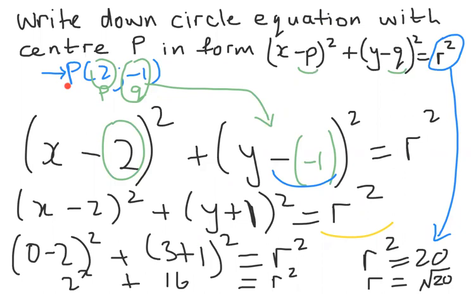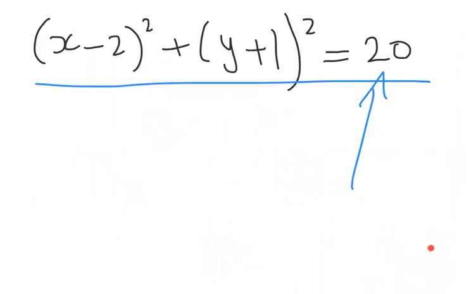So what we have done, we've substituted that into here. The P, we put it in there, and the Q we've put in there, and worked out r squared, and at the end, the r squared was equal to 20, which gave the circle's formula like that.